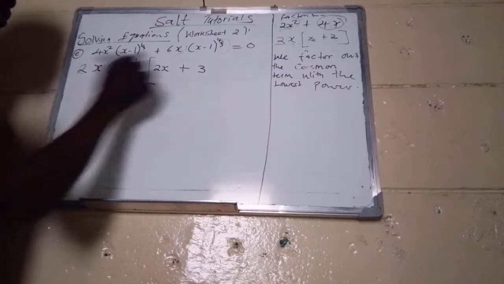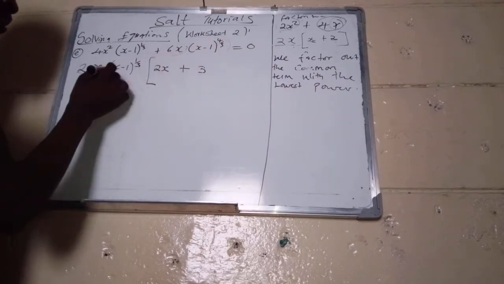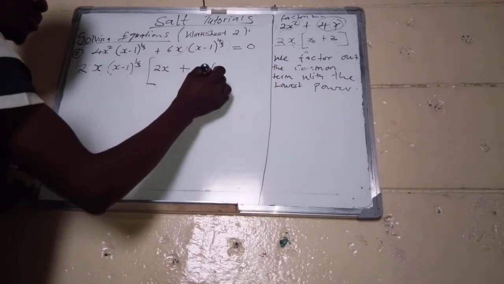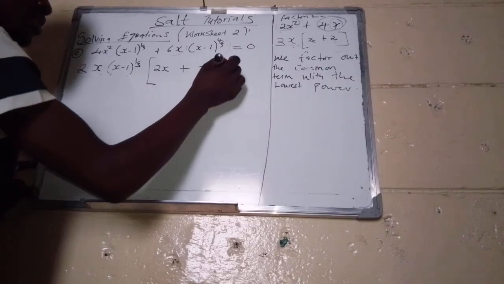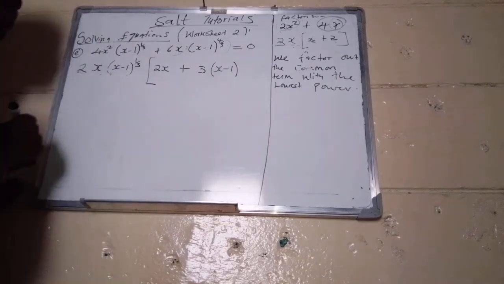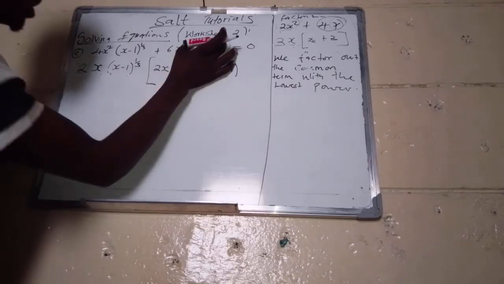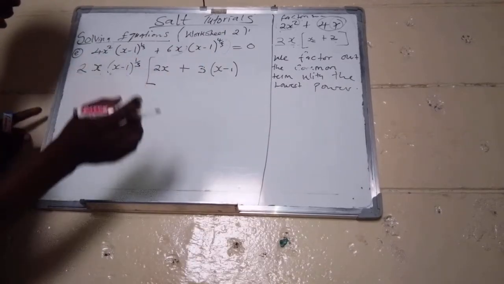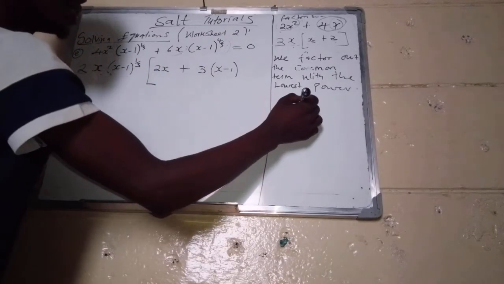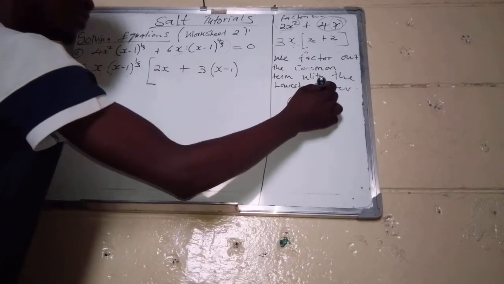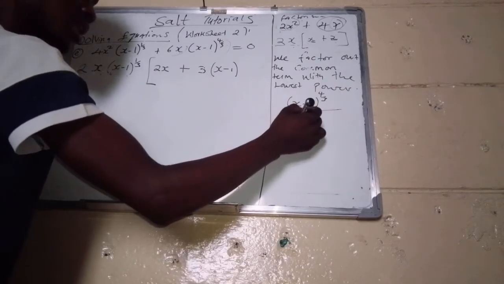This divided by that, what am I going to remain with? I'm going to remain with x minus 1. Now, when you look at this divided by this, this is more like x minus 1 power 4/3 divided by x minus 1 power 1/3.